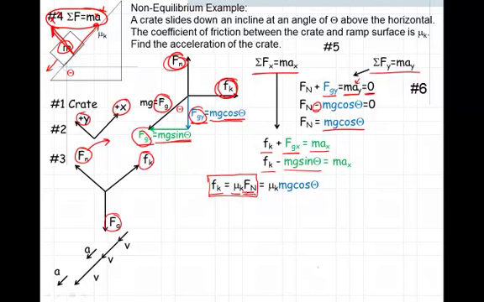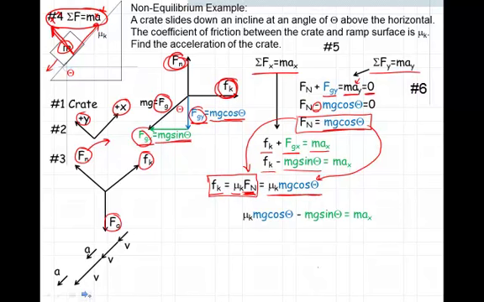But fortunately for us, we already found the normal force above, and we can take that and plug it into our kinetic frictional force equation, making the kinetic frictional force equal mu sub k mg cosine theta.